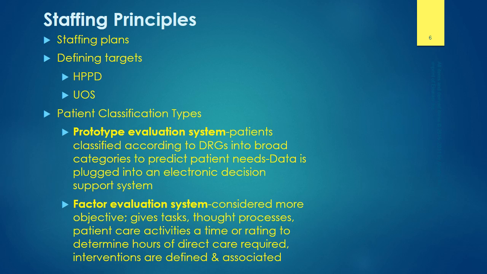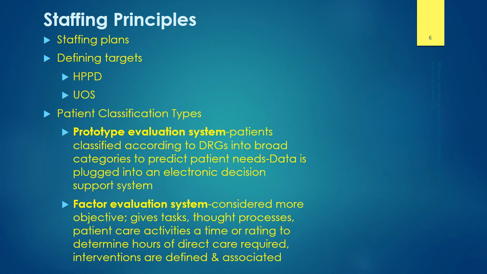Staffing principles. Nurse managers have to consider a number of variables when they begin to process and distribute FTEs into the unit staffing plan. Defining targets include the hours per patient day, HPPD, and the unit of service, or UOS.